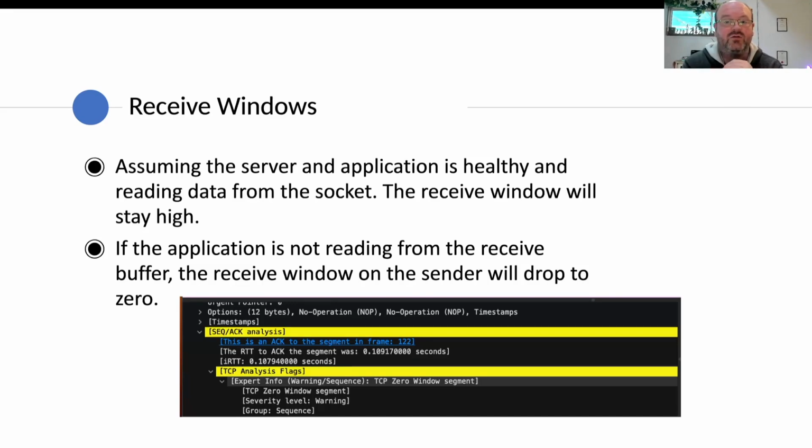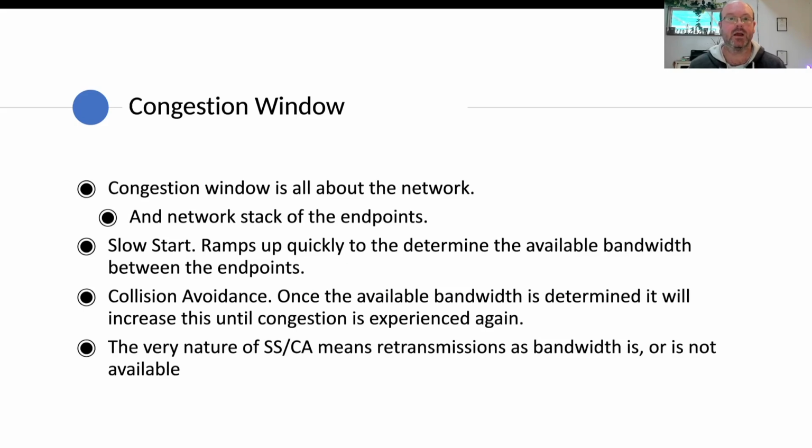The window size has dropped to 0, and that is because typically there's some sort of resource contention on a server or application, and the application is not reading data from the socket. And I've written a couple of demo applications to show that particular behavior, poorly written by me.